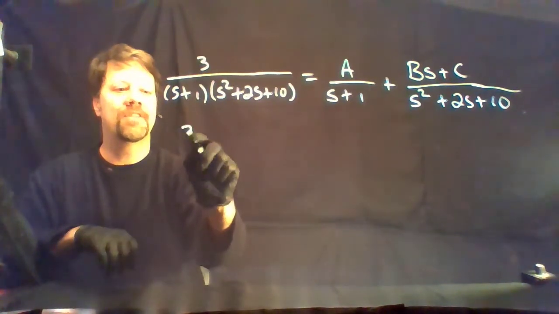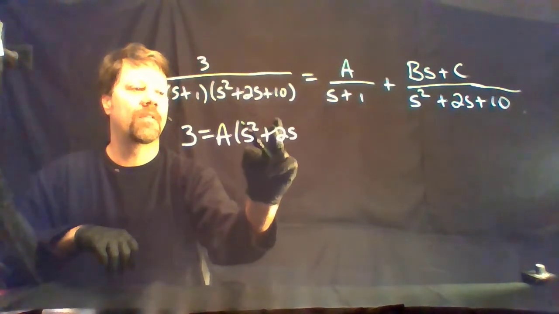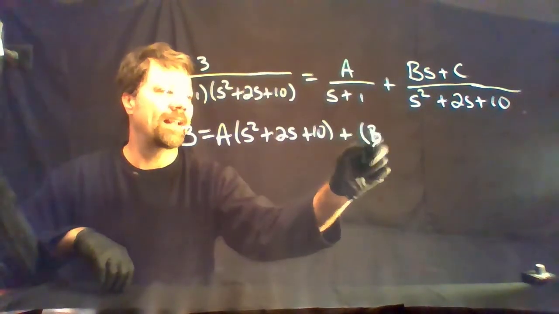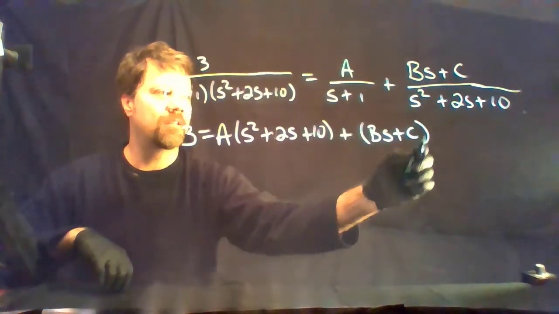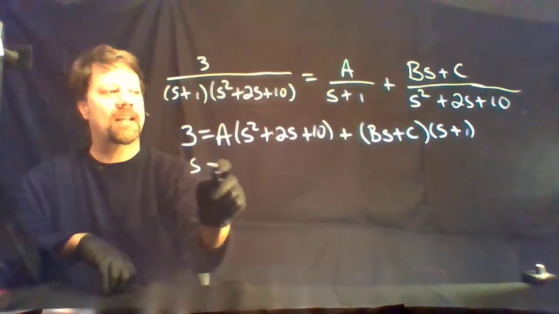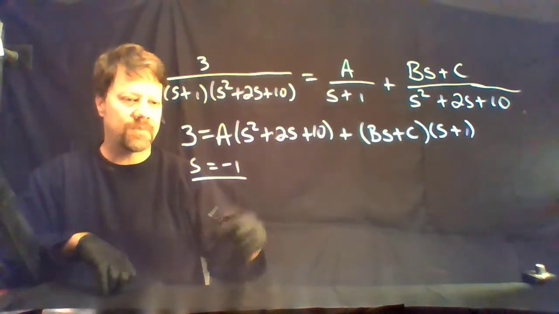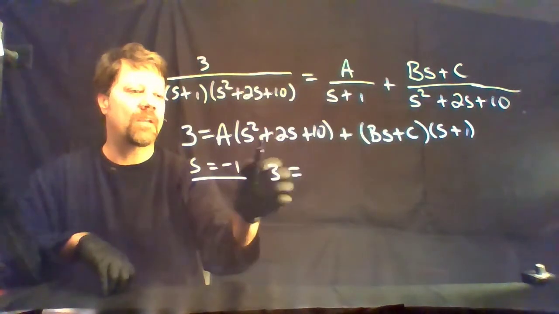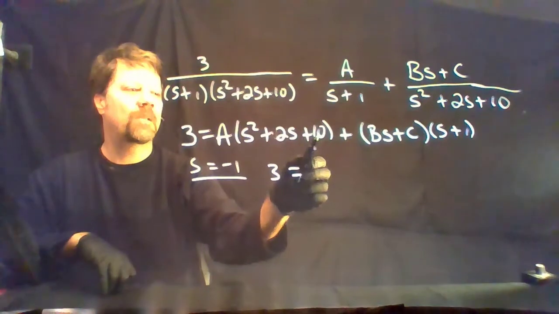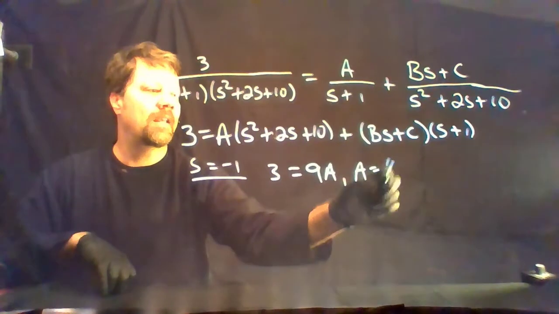Clearing the denominators gives 3 is A times s squared plus 2s plus 10 plus the quantity, don't forget the parentheses here, Bs plus C times s plus 1. If we set s equal to minus 1, so that this entire second part becomes 0, we get 3 equals 1 minus 2 is negative 1 plus 10 equals 9A, or A is 1/3.